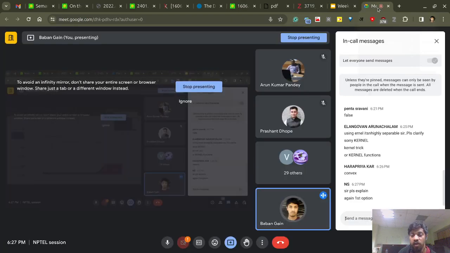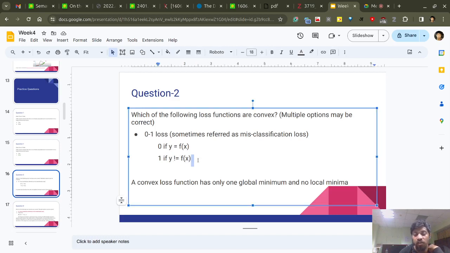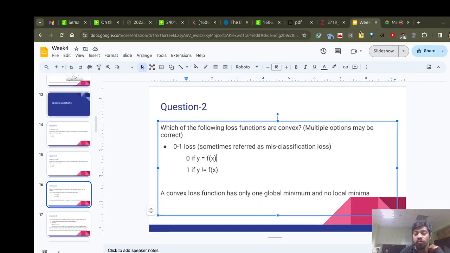So the first option is this loss: 0 if y equals f of x and 1 if y is not equal to f of x. It doesn't have any second order derivative. If you try to take a derivative, you are unable to. Wait a minute, I'll explore all the options and then show you a diagram, and it will be much clearer.